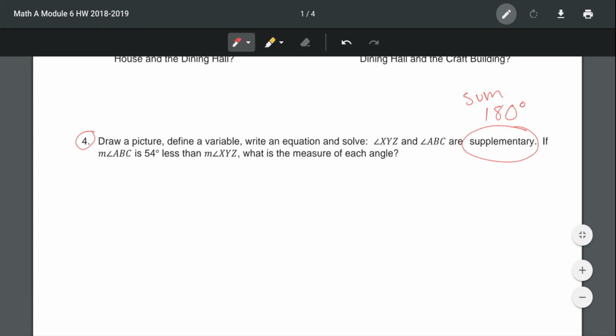Now we know the measure of angle ABC is 54 degrees less than the measure of angle XYZ. So we don't know the actual measure of angle XYZ. So I'm going to start there and define my variable. I'm going to let x equal the measure of angle XYZ.